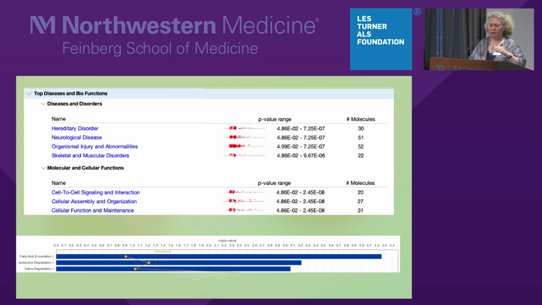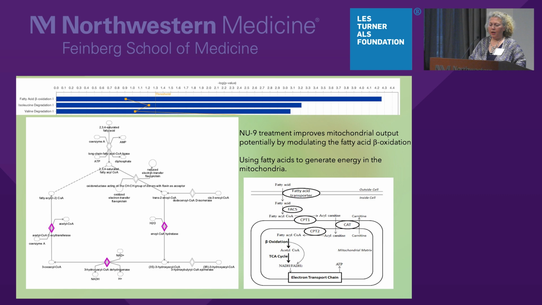And it says the fatty acid beta oxidation. And then valine degradation, some amino acid degradations. What does this mean? I need to tell you that mitochondria is the organelle that generates ATP. But it does it in two different ways.